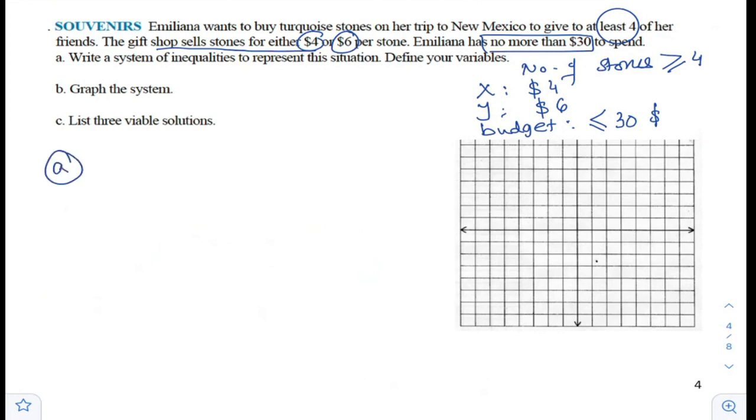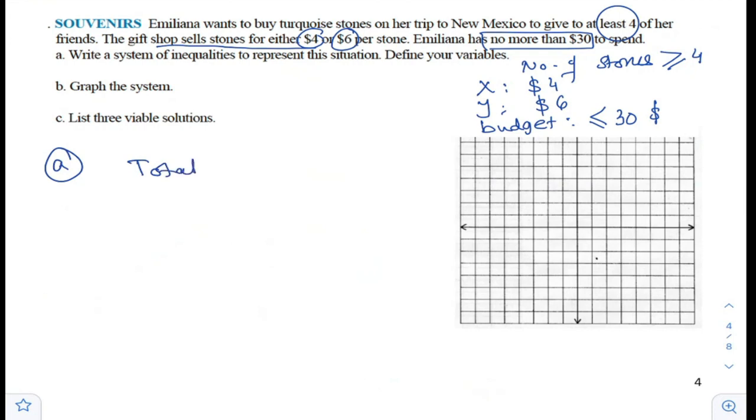We know that the total number should be more than or equal to 4. And the total number comes from where? Adding the X type and the Y type. This should be more than or equal to 4. This is inequality number 1. Inequality number 2 is related to money, dollars.